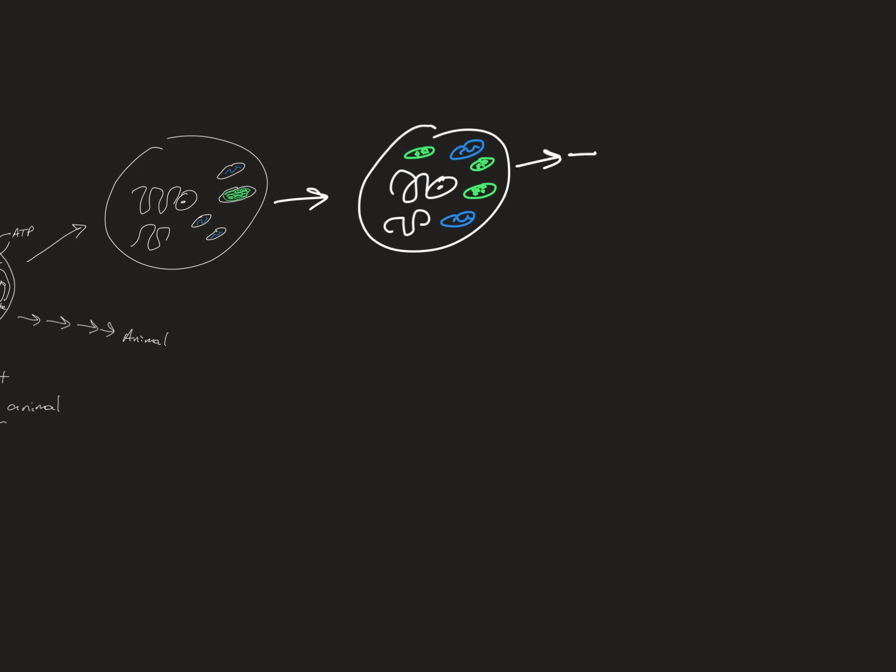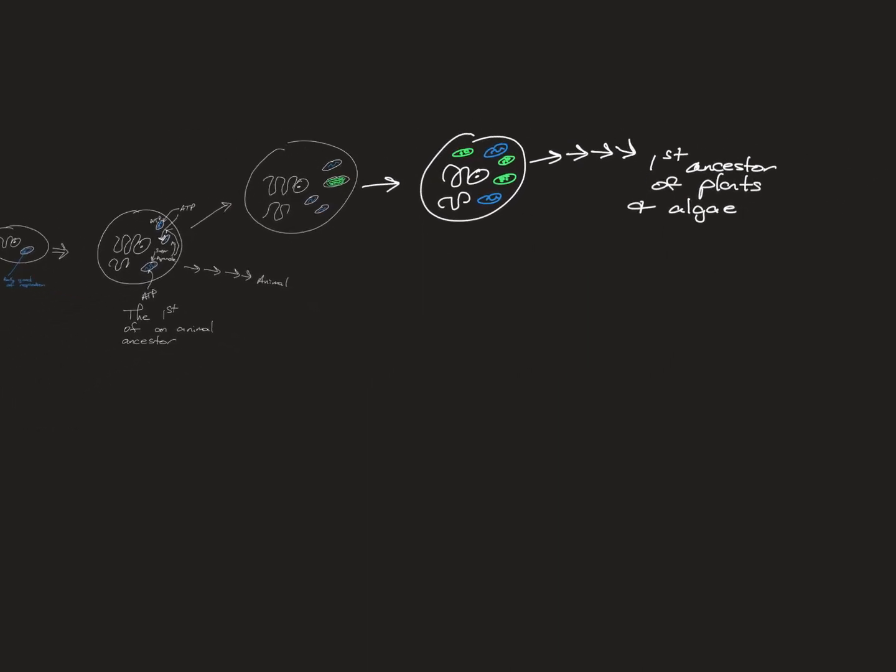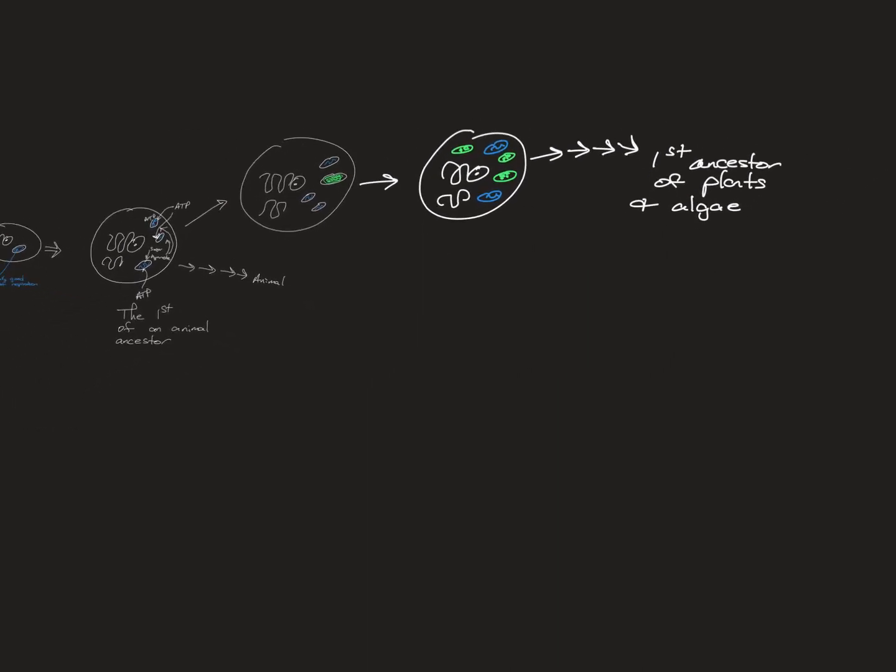That over billions of years turns out to be what? The first ancestor of plants and algae, right? Why didn't I go to animals? Well, the ancestor of animals did not have chloroplasts.